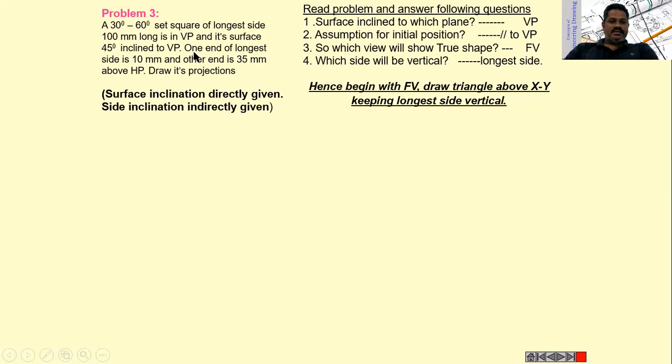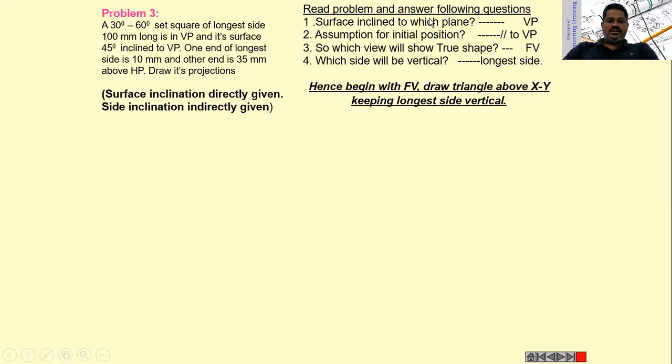That means instead of making the longest edge 30 degrees angle as in the previous problem, in this case one end of the longest edge is 10 mm above the HP and the other end is 35 mm above the HP. This is the condition.